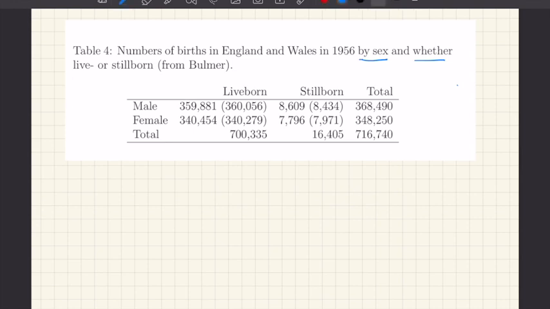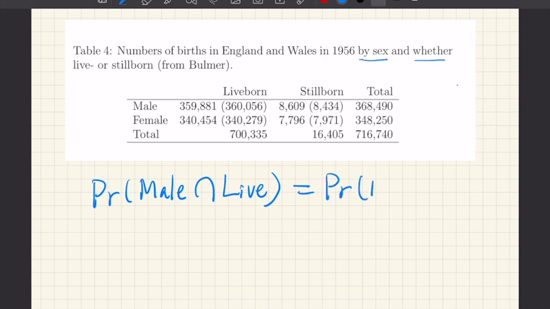For example, first assume they are independent. Then what does it mean? Independent means the probability of male and live born, for example, should be expressed as the product of the probability of male and the probability of live born.